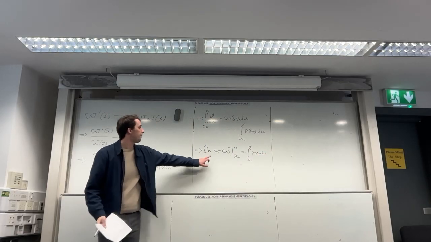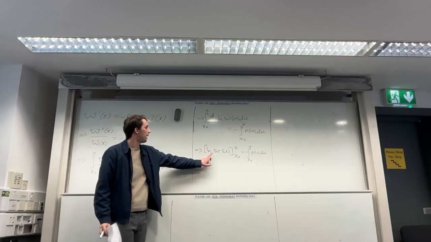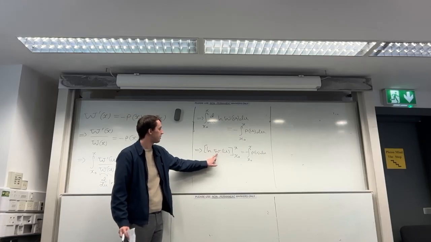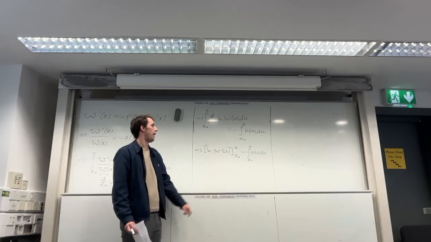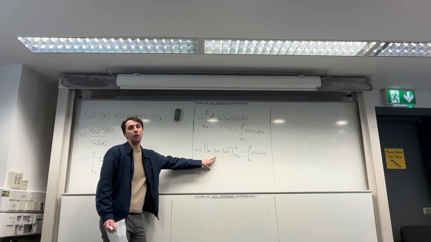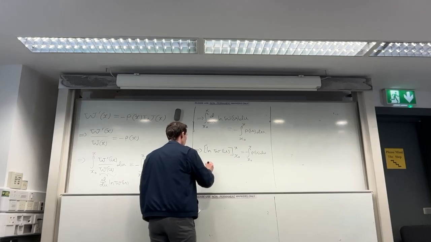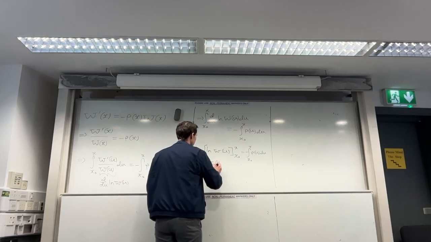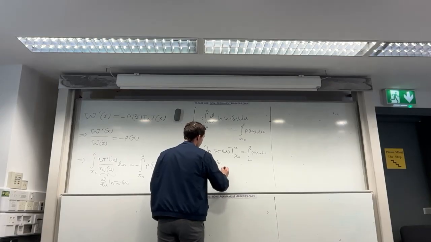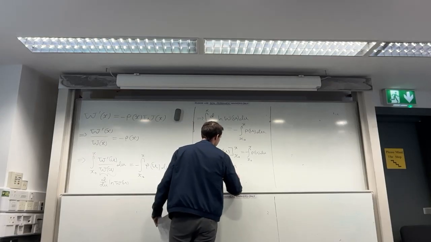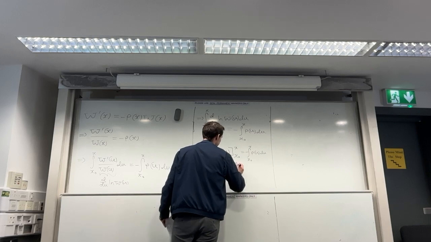The left-hand side evaluates as log of W of x minus log of W of x0, which can be rewritten using log rules as log of W of x divided by W of x0, and again the right-hand side stays as is.